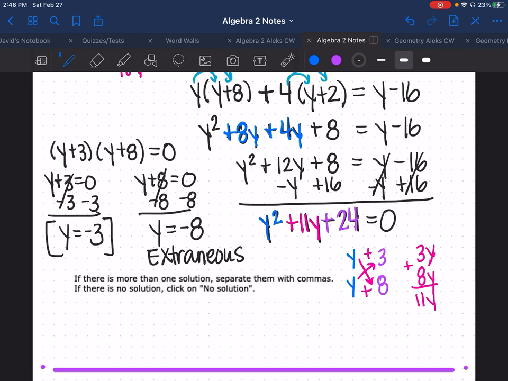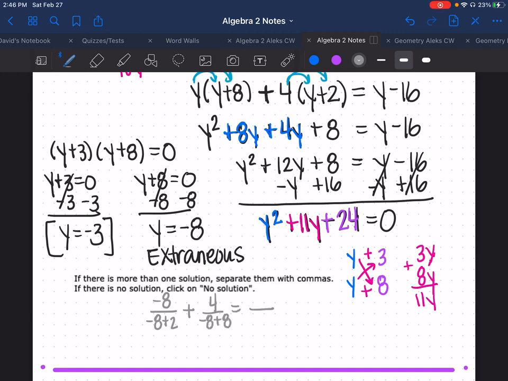And I just want to show you before we leave today why this happened. We put in -8, and we did -8 plus 2, and then we did 4 over -8 plus 8.